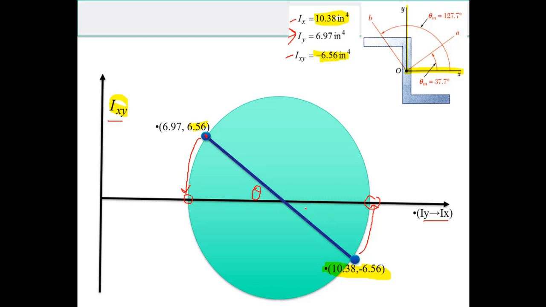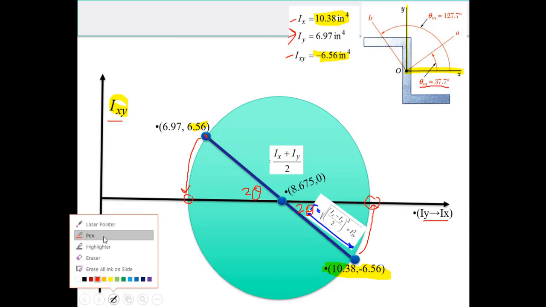Keep in mind that the angle here is 2 times the angle that will actually be rotating our coordinate system over here. We can find the center of the circle just by finding the average between Ix and Iy. We can get the radius of this circle with just some trig here.